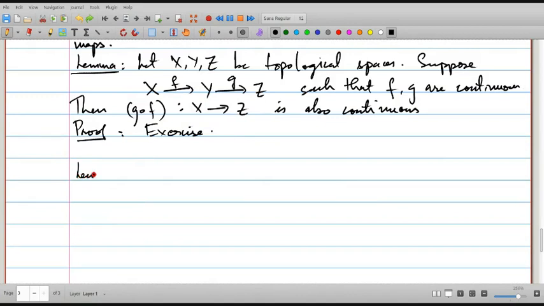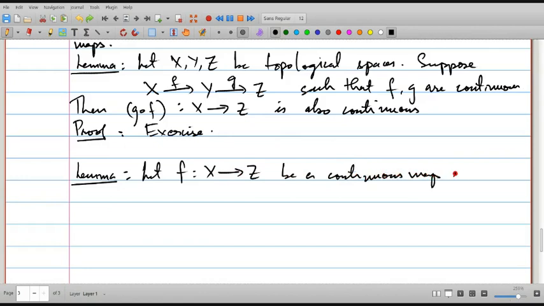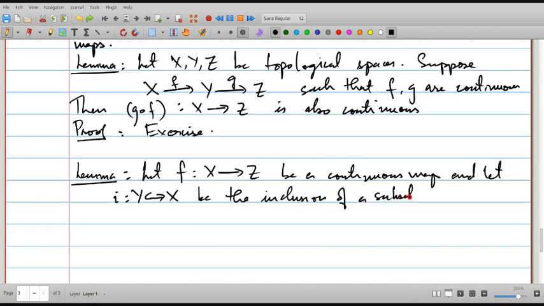So here is another easy lemma. Let F from X to Z be a continuous map, and let Y be a subspace of X, and let I denote the inclusion from Y to X. So this subset Y, we give it the subspace topology.